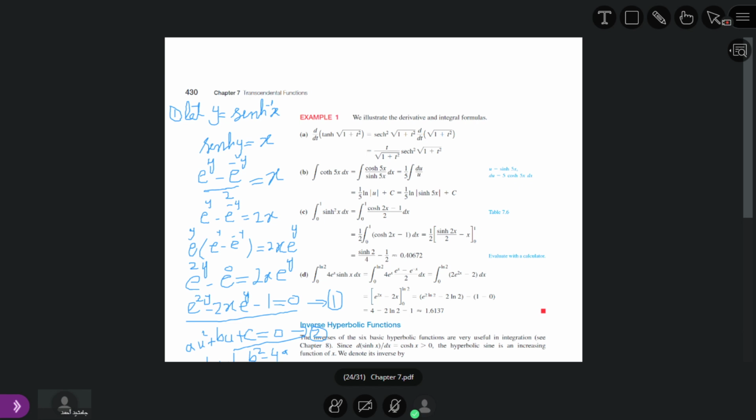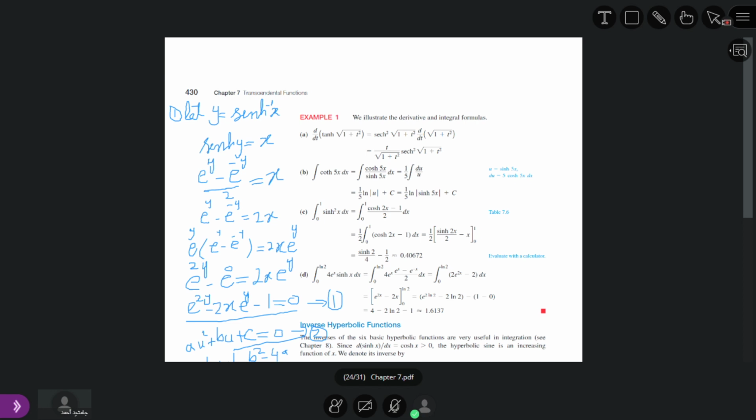So this is a quadratic equation in terms of e power y. So here, what will be the solution for this? Thus, e power y, in the place of u we put e power y. In the place of b, I put its value.